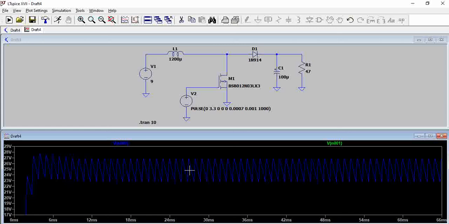So that's another important parameter in boost converter design. What we tried to do here is inculcate the design parameters of the boost converter by using a simple circuit and playing around with it. We will talk in detail about each and every calculation associated with this.